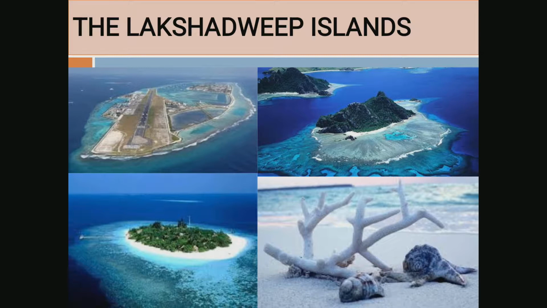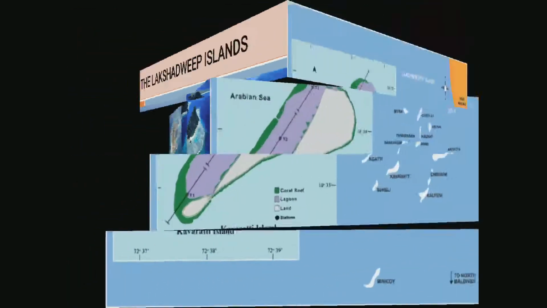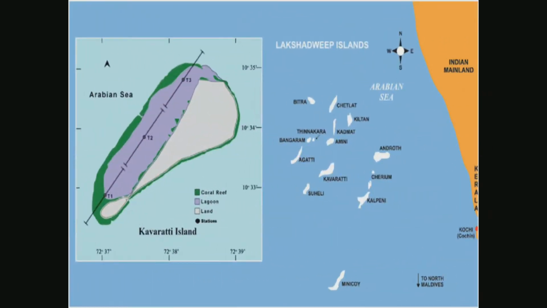Okay, it is all about Lakshadweep. The Pitti Island, which is uninhabited, has a bird sanctuary. Here you can see the map. This Lakshadweep Island is located in the Arabian Sea.